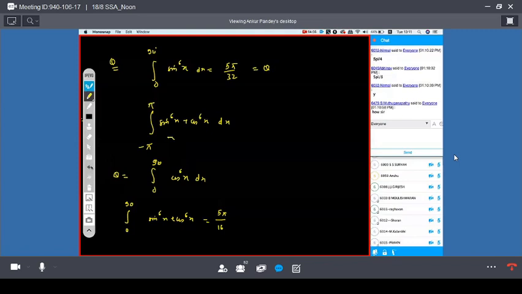Now, guys, it is done, absolutely done. It's a straight done thing. They want us to find from minus pi to pi, right? We have just now calculated from 0 to 90, right?